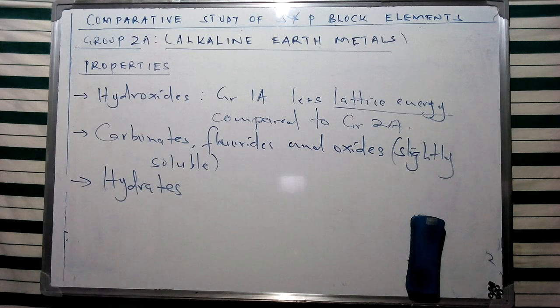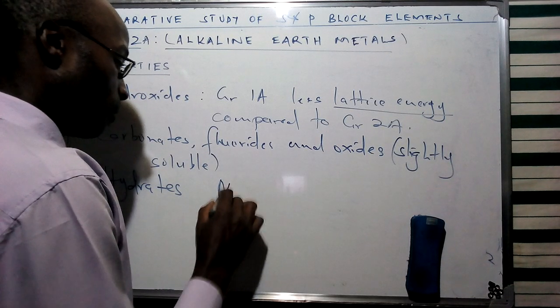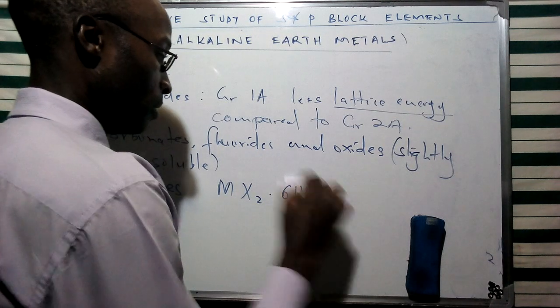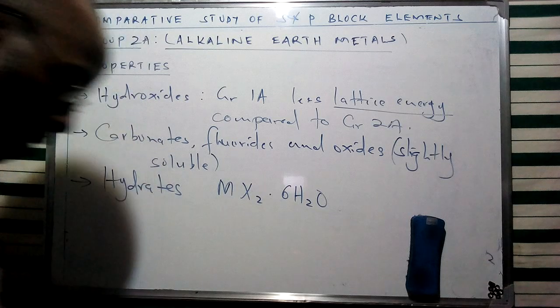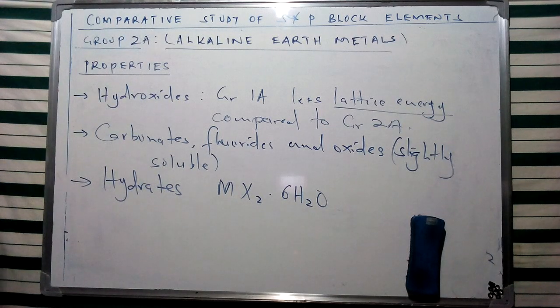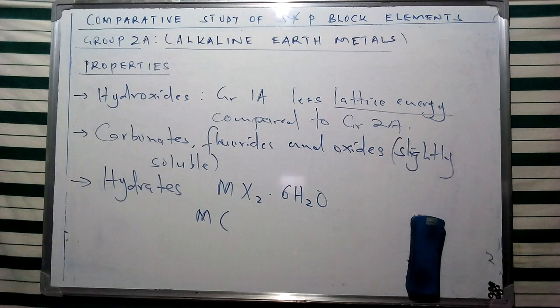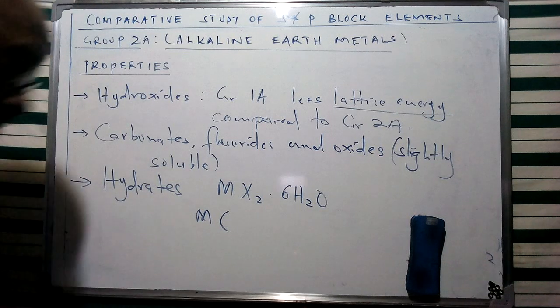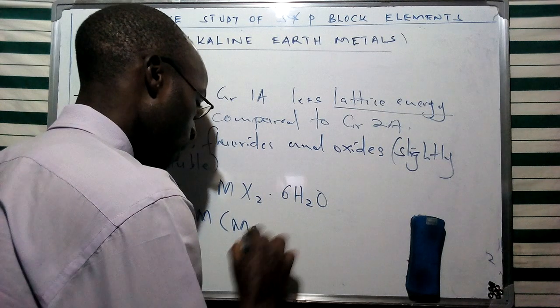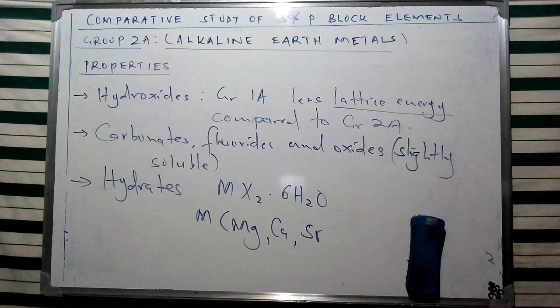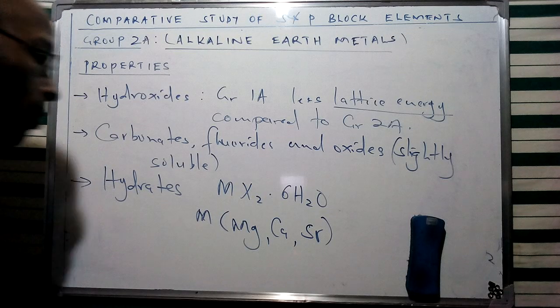Now, for the hydrates, these group 2 elements are going to form hydrates. In this respect, we can have a general description for the formation of hydrates using this formula, with 6 molecules of water given as such. In this case, M is going to represent the range of group 2 metals: magnesium, calcium, and then strontium.